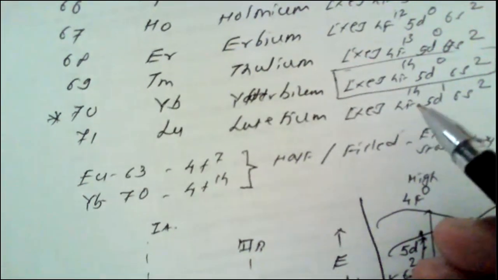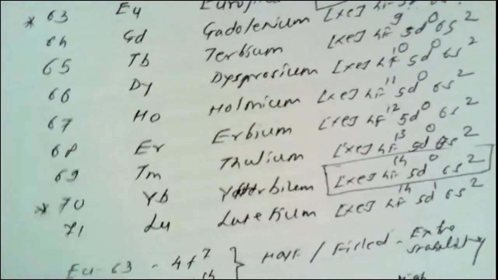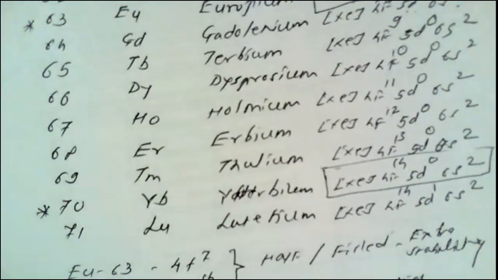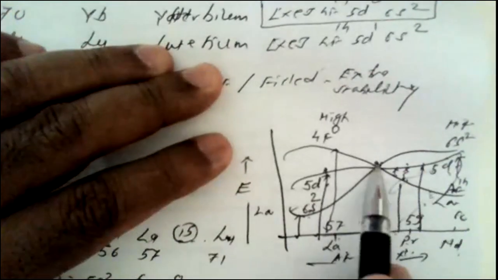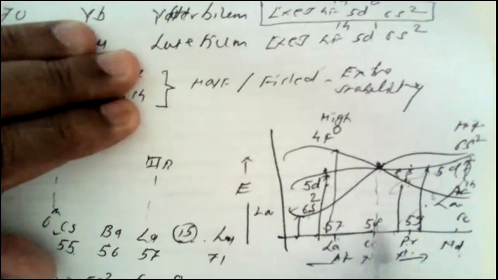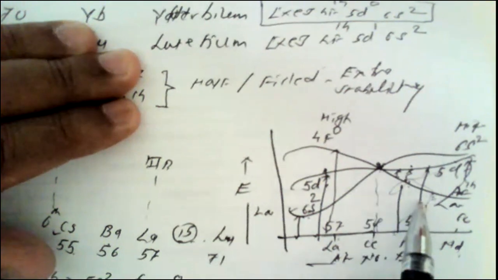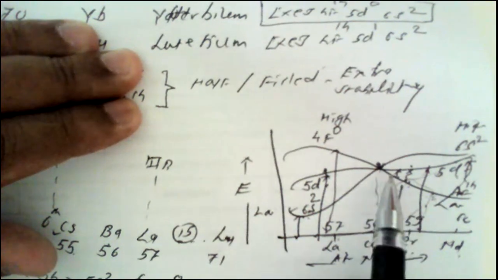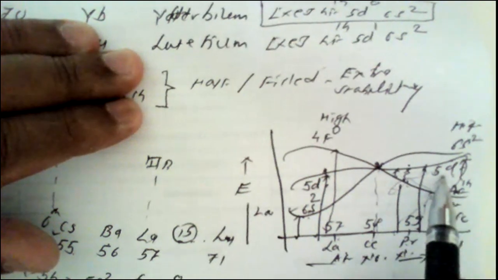So you should remember, while understanding the electronic configuration for all these elements, that the 4f orbital becomes decisively more stable after cerium, and hence it has low energy. So the incoming electron would enter the 4f orbital rather than the 5d orbital.